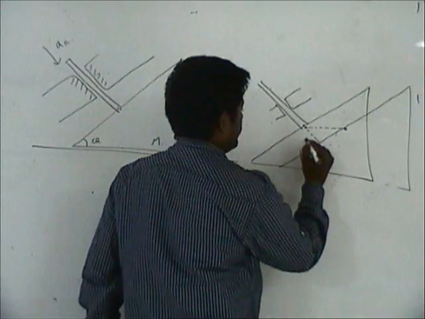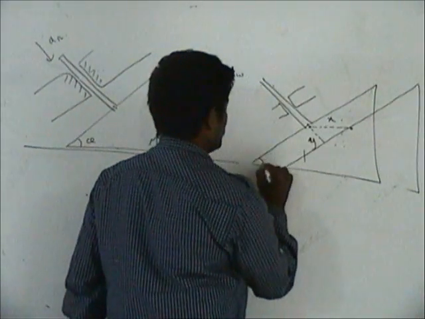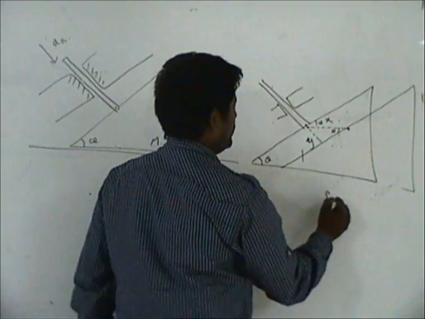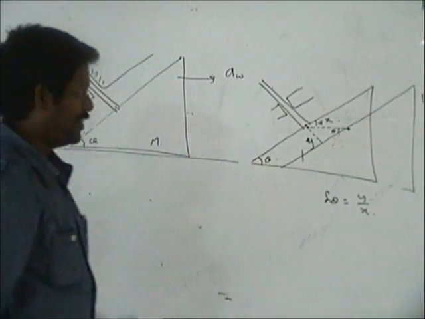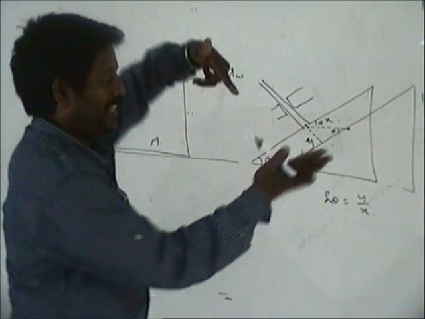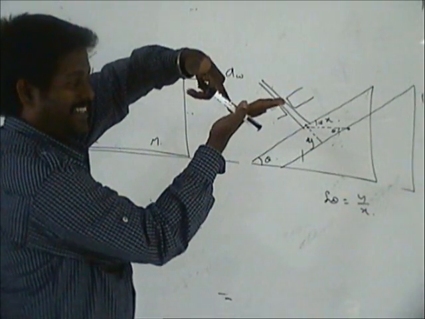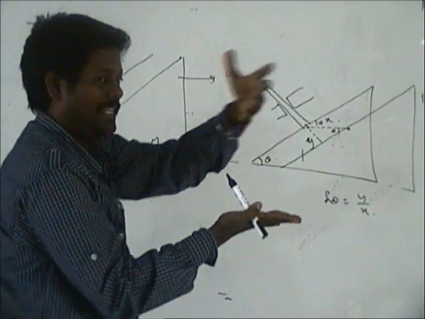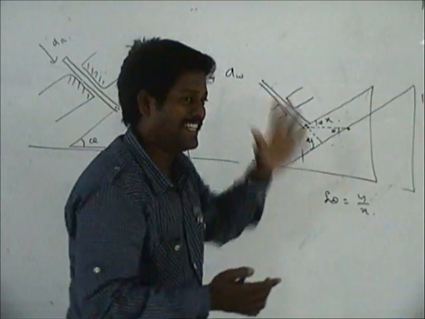Let us call it Y, and this is X, this is theta, this is theta, this is theta. Sin theta is Y by X. The beautiful point here is, take the point on the rod and the point on the wedge which are in contact. Observe where the point on the wedge is going at a particular instant, and where the point on the rod is going. Draw the diagram.